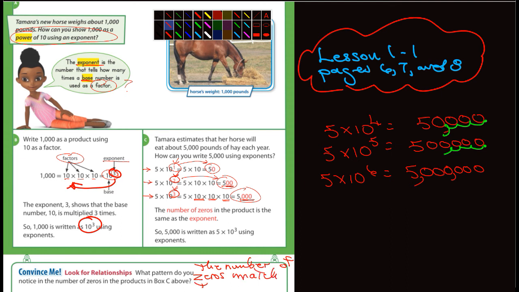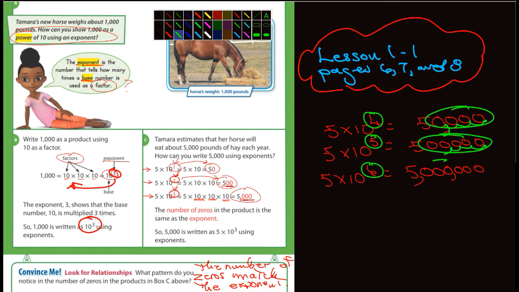The exponent. All right, you guys should have noticed that. The number of zeros match the exponent. What have we got here? Exponent of 4, how many zeros do we have? 4. Exponent of 5, how many zeros do we have? 5. Exponent of 6, how many zeros do we have? 6 zeros.